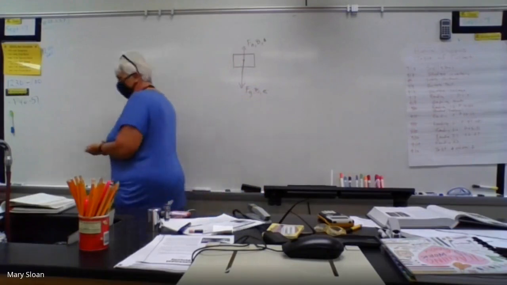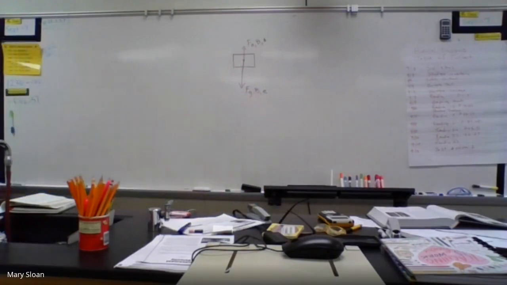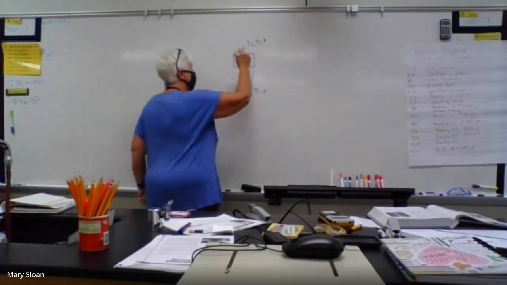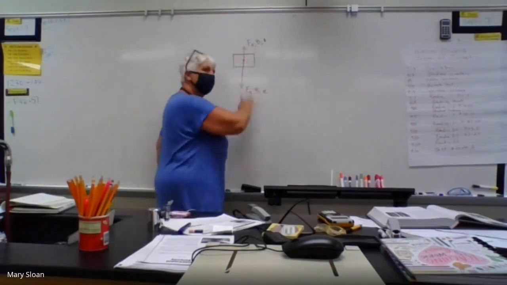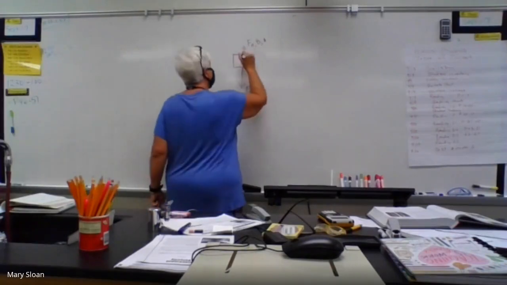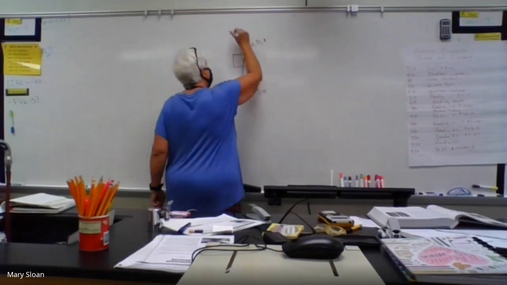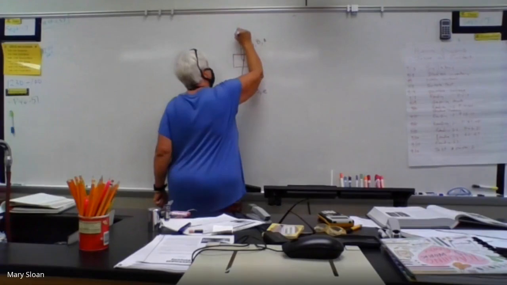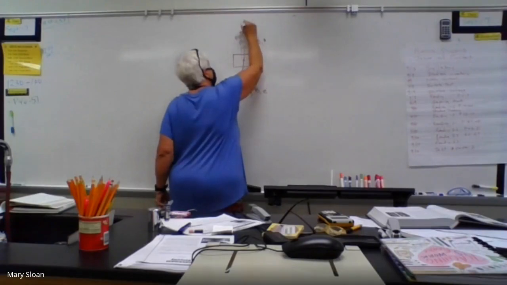Now you have to agree that there is also a force of resistance, depending on the size of the box, right? Depending on how fast the box is falling would depend on the force of friction, right? On the box by the air.